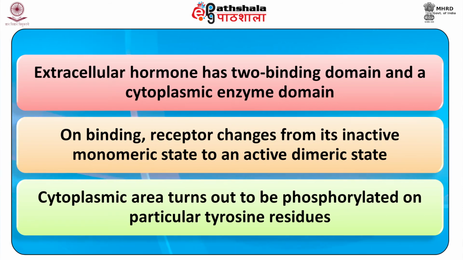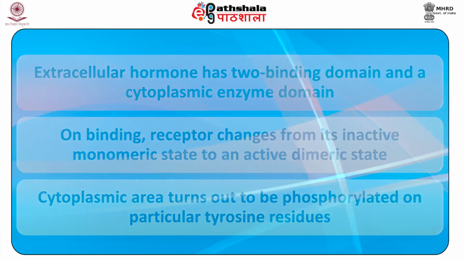On binding, the receptor changes from its inactive monomeric state to an active dimeric state. The cytoplasmic area becomes phosphorylated on particular tyrosine residues.